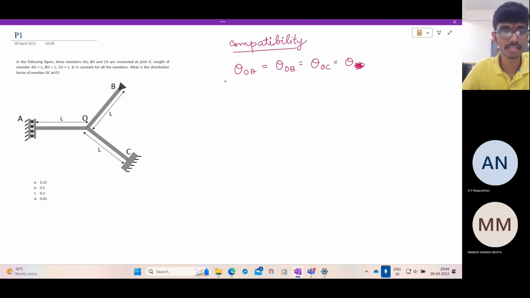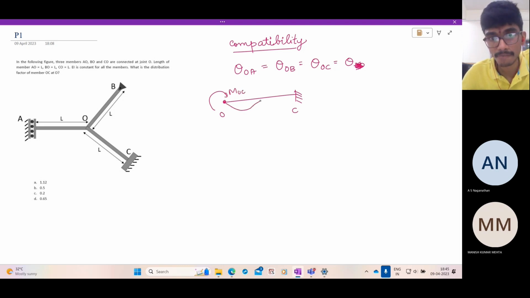Now what is MOC? To determine MOC, consider this. We have O, we have C. We're applying MOC. It rotates by theta. At this point, the far end is fixed. So from the slope deflection equations, we can write MOC is equal to 4 EI by L theta O, which is nothing but theta, plus 2 EI by L theta C, that is 0, minus 6 EI by L square delta.